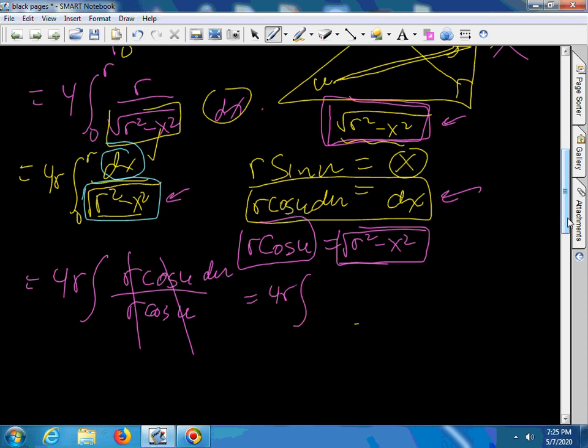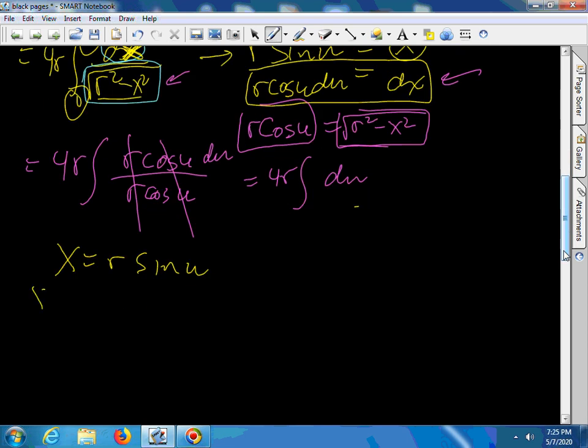We have 4r, the integral of du. But what are the limits? We know that our substitution is x equals r sine of u, and x goes from 0 to r. So, when x equals 0, what does u equal? And when x equals r, what does u equal?